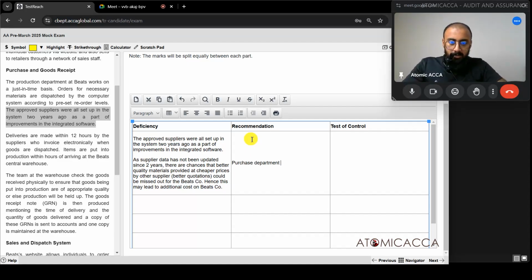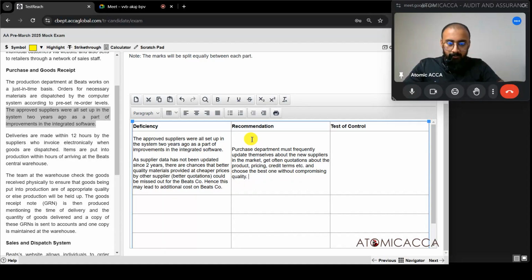Purchase department must frequently update themselves about the new suppliers in the market, get often quotations about the product pricing, credit terms, etc., and choose the best one without compromising quality.